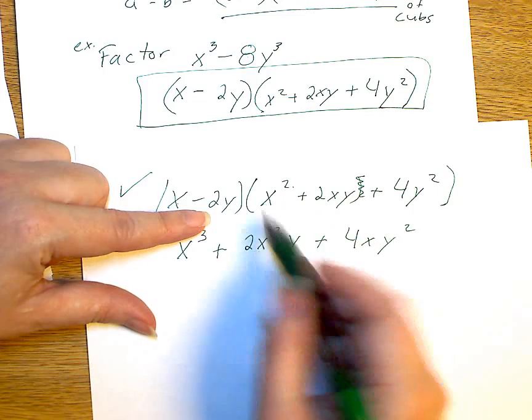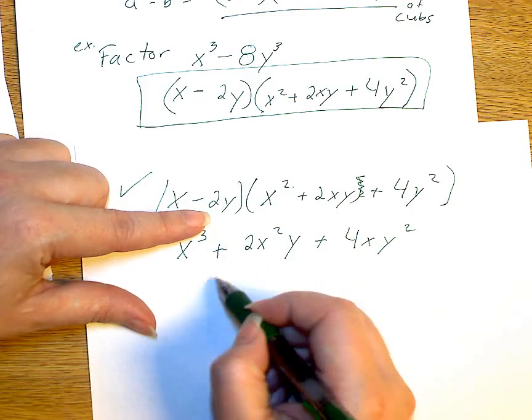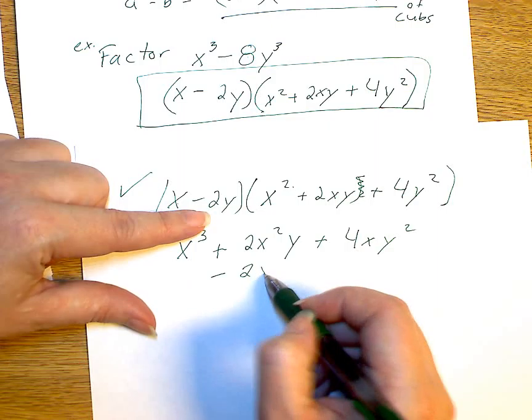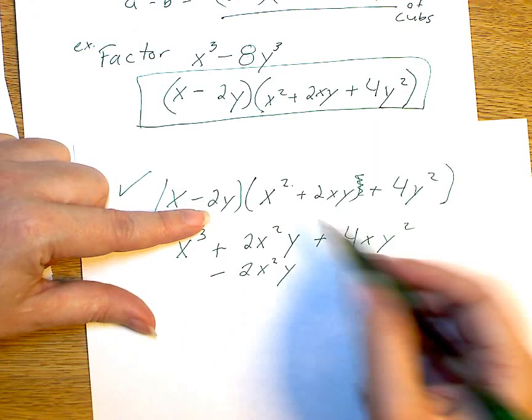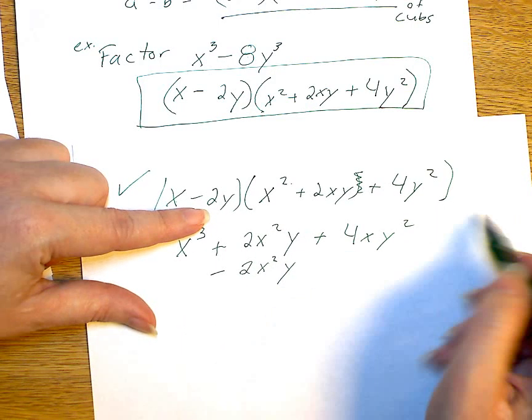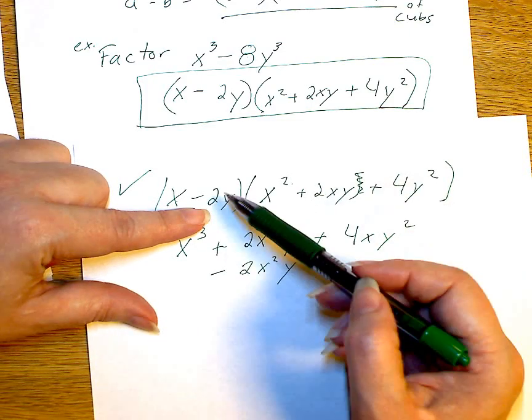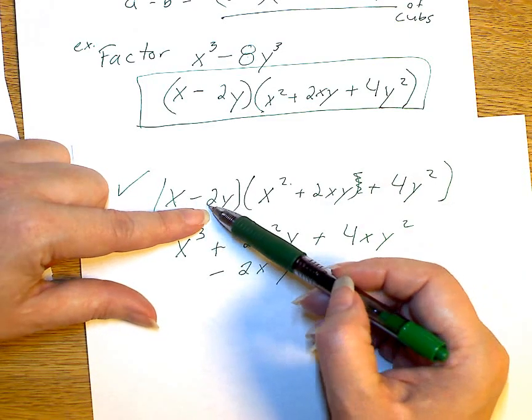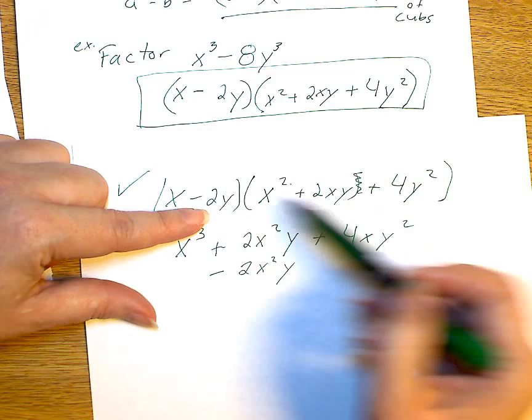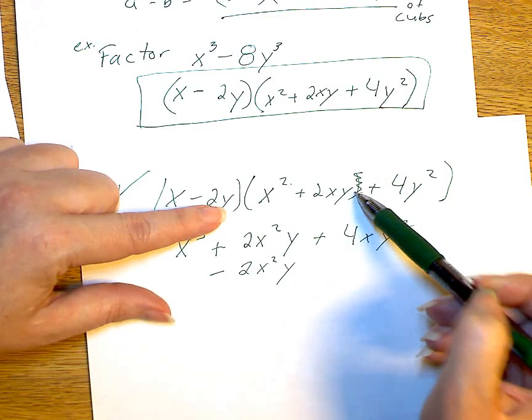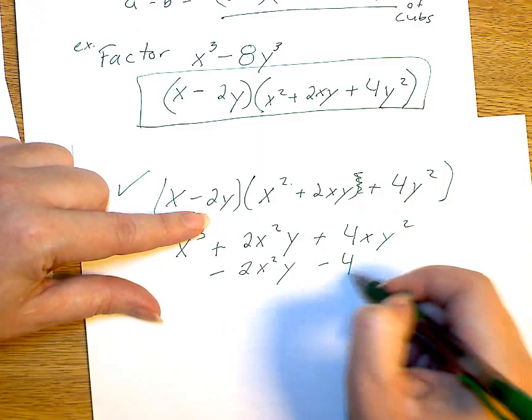Do you see how this is x squared? I'm going to line it up with these so you can see why they cancel out. So my paper's running low anyway, so I'll just put them together so you can see it. Now I have negative 2 times 2xy gives me negative 4xy squared.